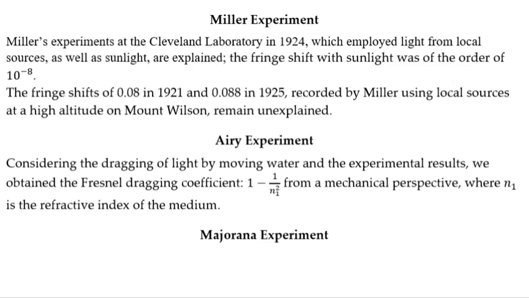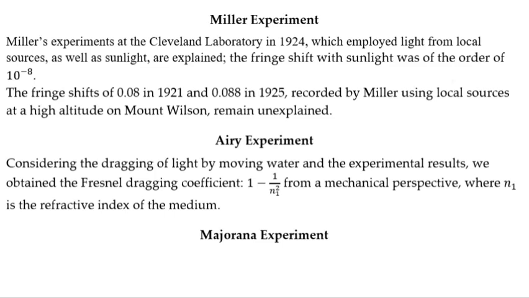Airy's experiment is an example of light dragging by a moving medium. Observing the star Gamma Draconis, Airy expected to adjust the inclination of the telescope after introducing a tube with water along its axis. However, this was unnecessary.